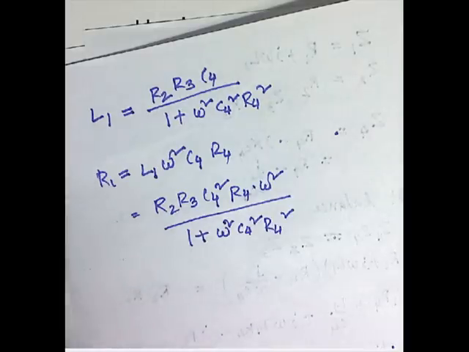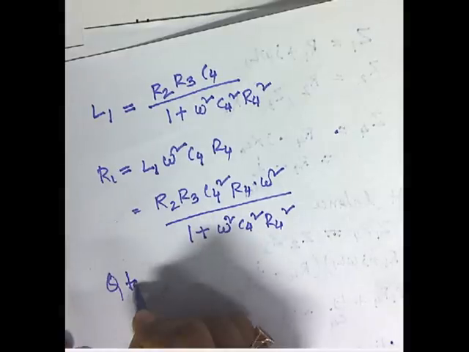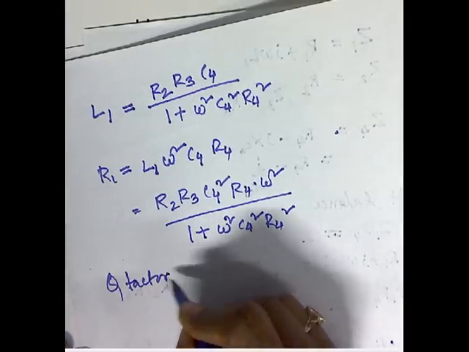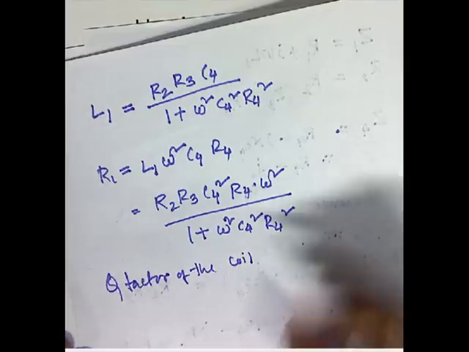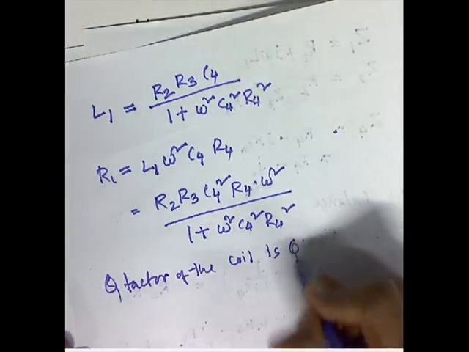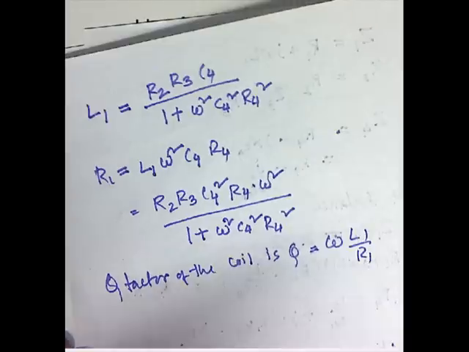Now the Q factor of the coil is Q is equal to omega L1 by R1.